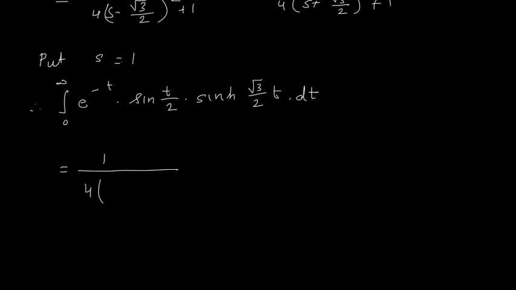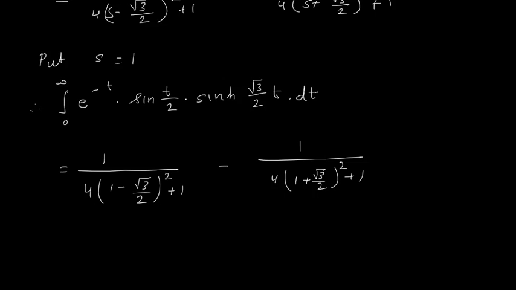Now in place of s, I will put 1. So 1 minus root 3 divided by 2 the whole square plus 1, minus 1 divided by 4 times 1 plus root 3 by 2 the whole square plus 1.